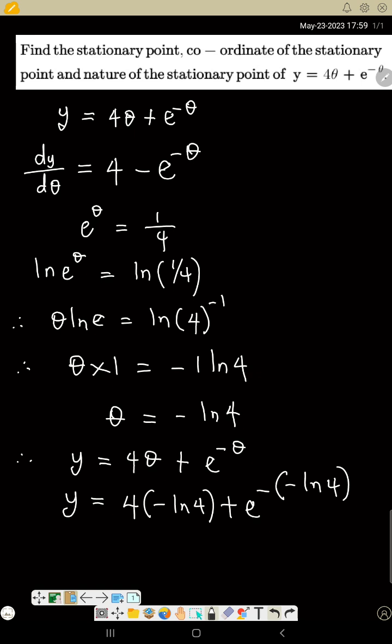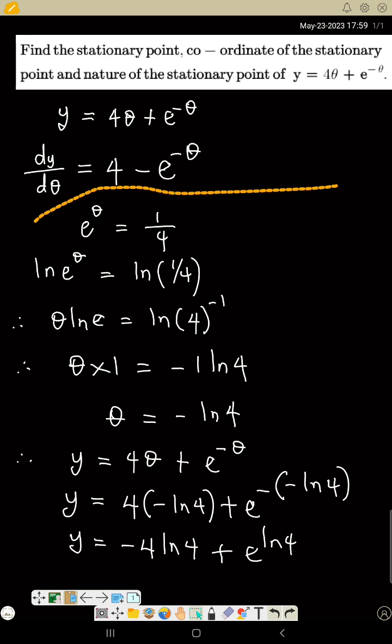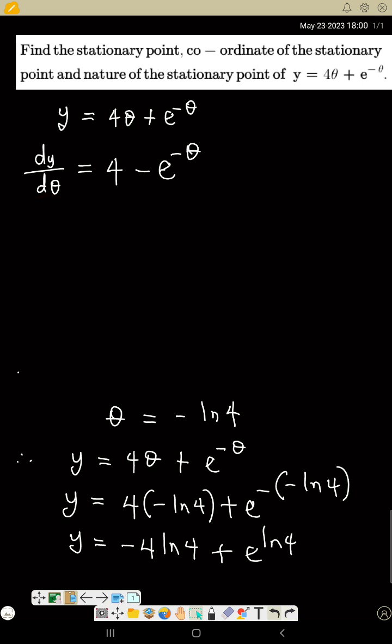So this is the same thing as y equals minus 4 ln 4 plus e raised to power ln 4, because minus times minus here is plus. So we have y is equal to ln 4 raised to power minus 4.